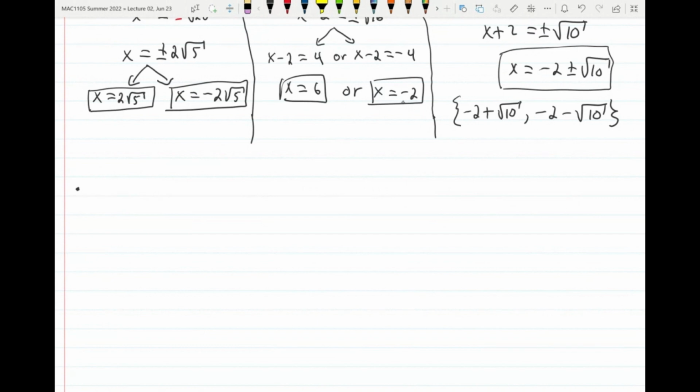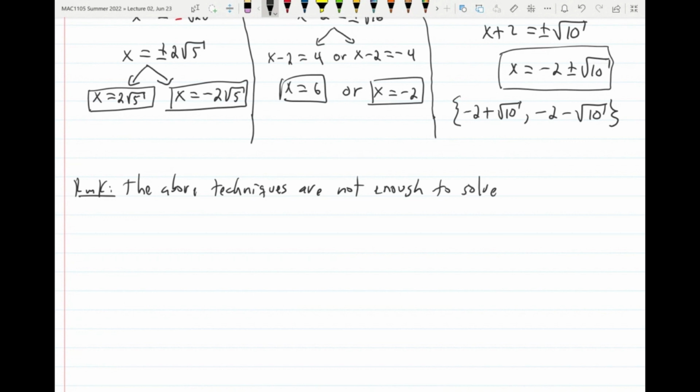So let me say, note, remark. The above techniques are not enough. So far we've discussed two, factoring and the square root method, and they're not enough to solve quadratic equations. Right now we're just focusing on quadratic equations, okay?